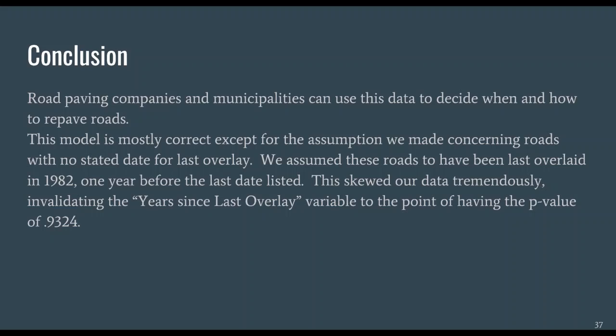And finally, we would want to reevaluate our year since last overlay because intuitively we think it's a really good indicator. So we would look for a better way to handle those NA values that we gave a value of 36. And we'd also like to remove the outlier that we saw at 32.